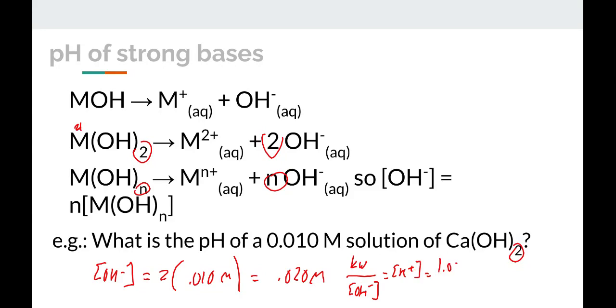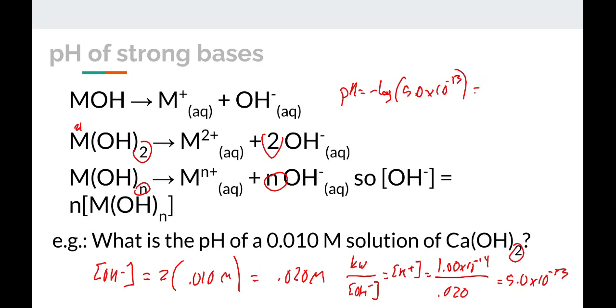So that's 1 times 10 to the negative 14th divided by 0.020, which comes out to 5.0 times 10 to the negative 13th. So that means our pH is the negative base 10 logarithm of that, and that comes out to 12.30.